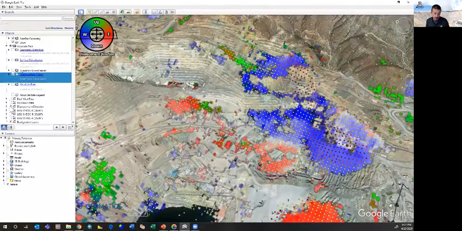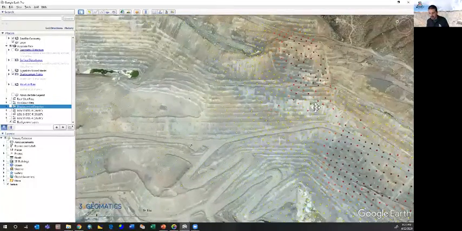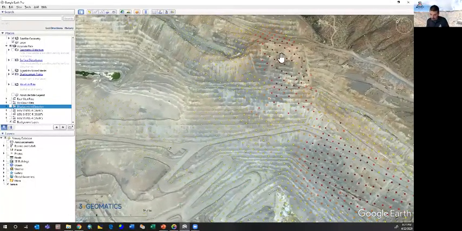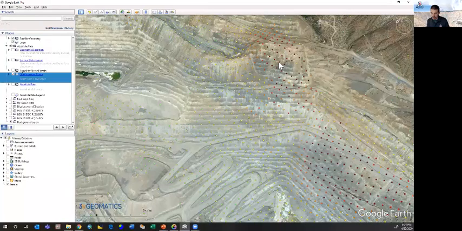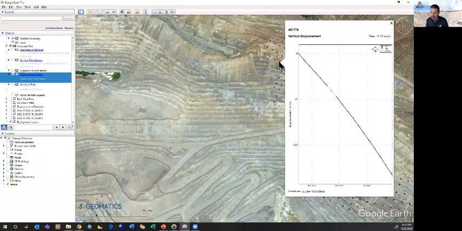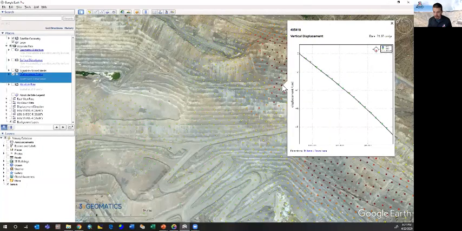If I turn off the directional movement, what we can do is look at these different points through this area. Basically, this is steady state movement. There's little to no acceleration in this area. This is an old historic wall that was mined almost a decade ago and hasn't had recent mining.